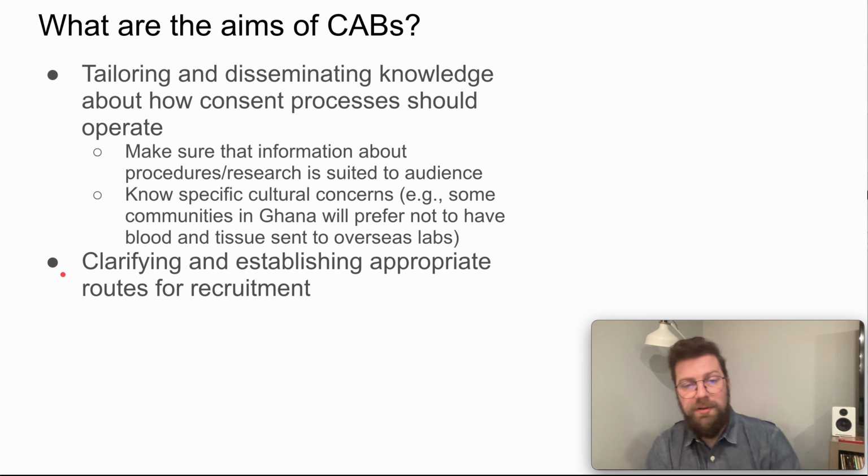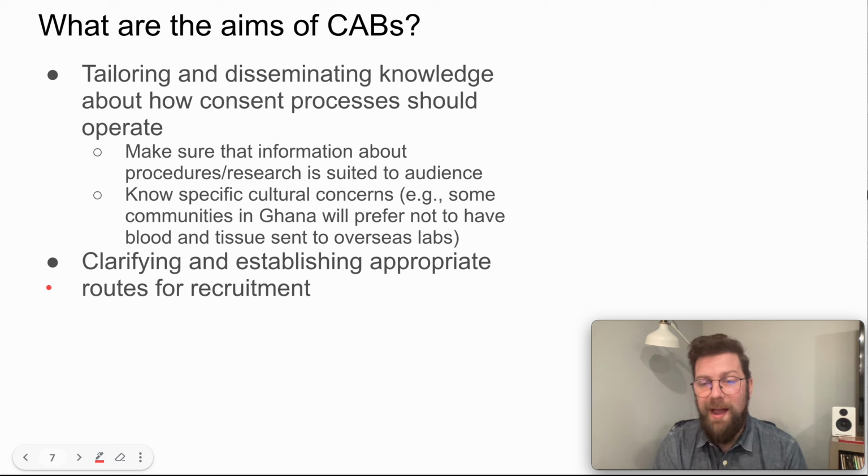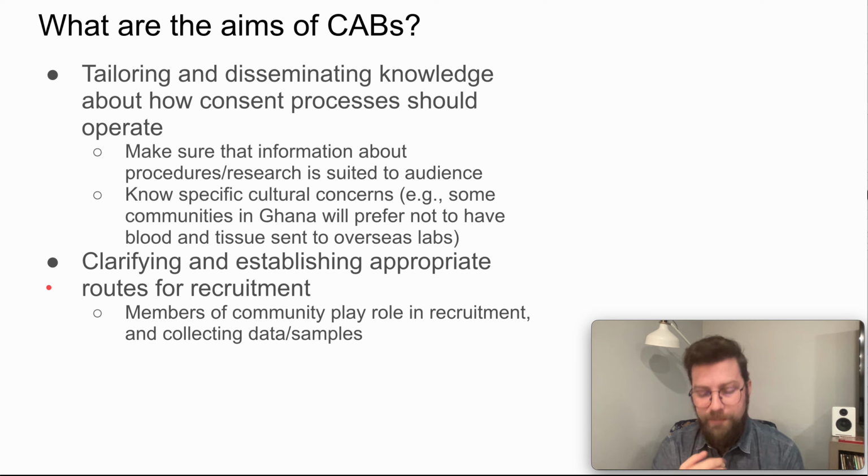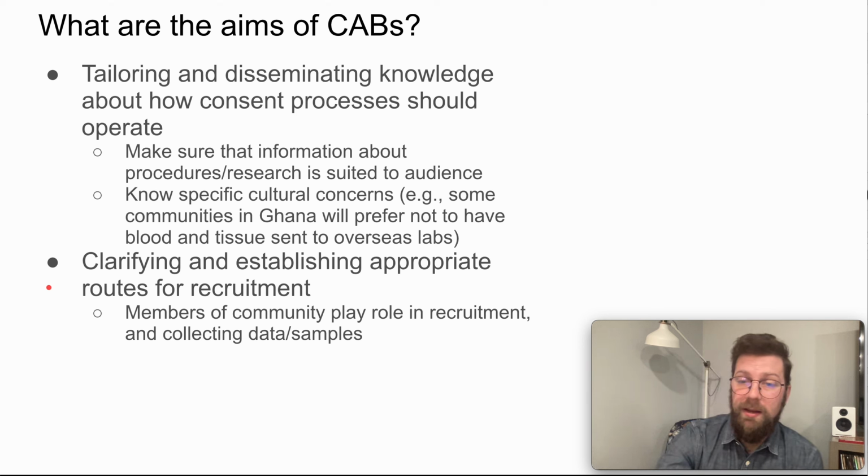The researchers are needing to clarify and establish appropriate routes for recruitment. So how can we find the correct participants to try out a new drug or a new treatment for a particular disease? And it might be not only having the researchers do this recruitment in the right way, but also bringing in members of the community to do the recruitment or to collect data and samples.